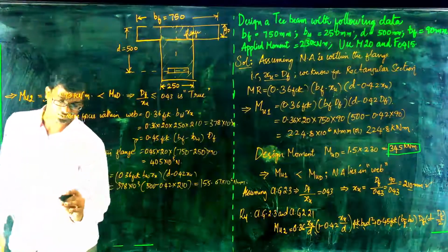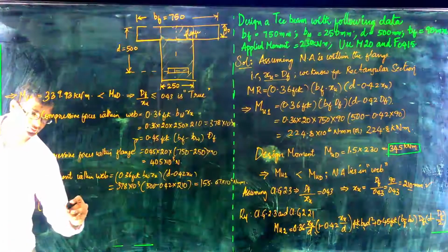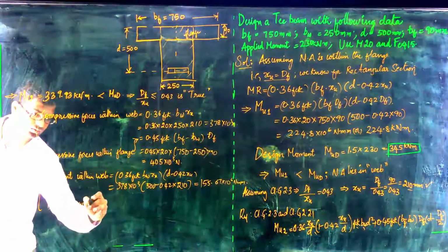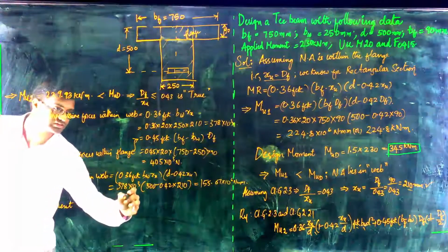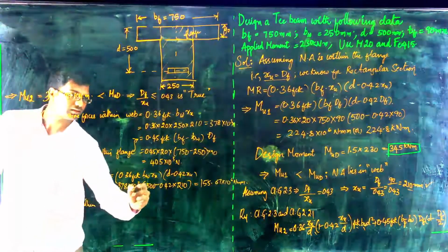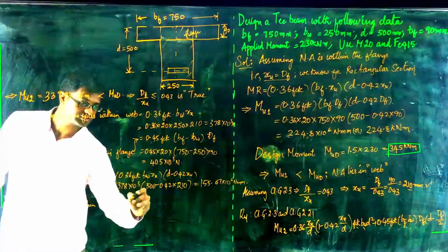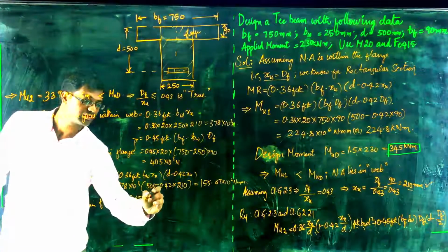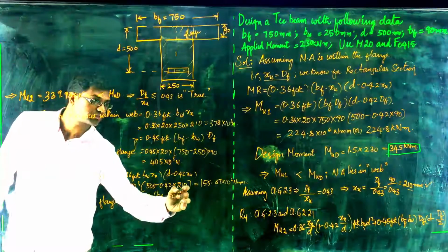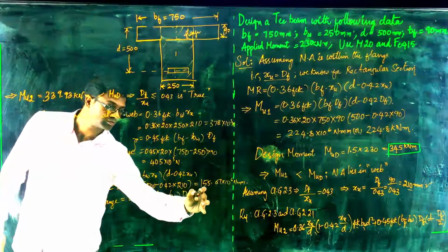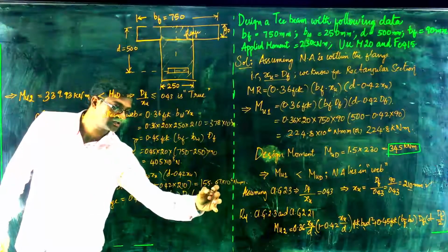Similarly, the moment within flange is given by this force, that is 0.45 fck (bf minus bw) Df into (d minus Df by 2).